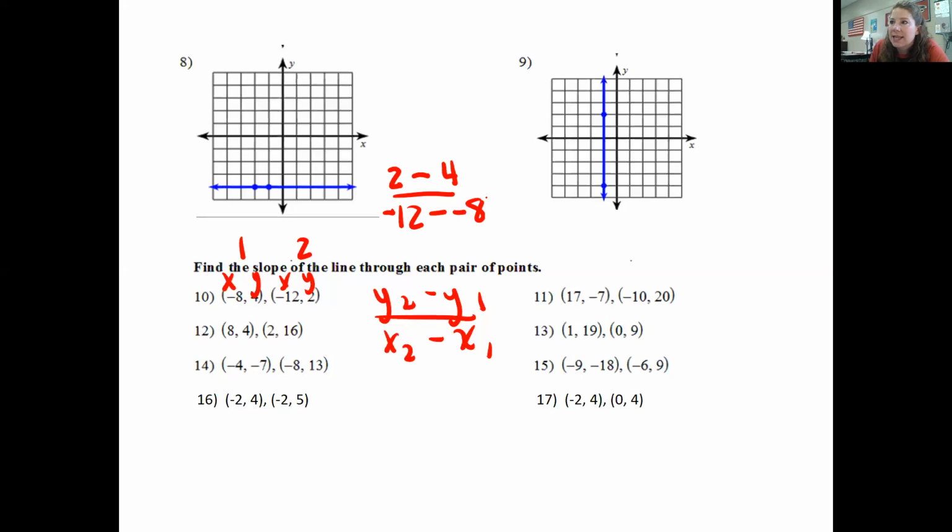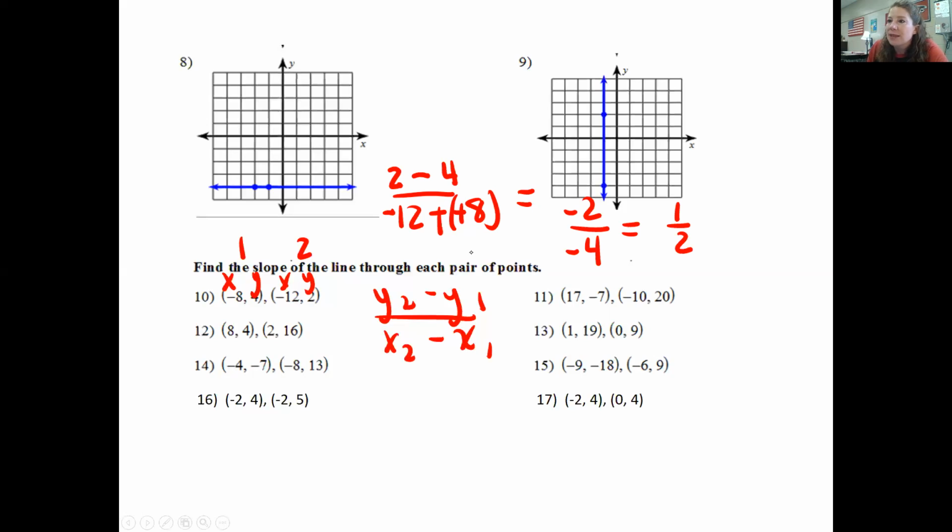That's a common mistake. What do I do when I see minus a negative? Bam, bam. So now 2 minus 4 is negative 2. Negative 12 plus 8 is negative 4. A negative divided by a negative is a positive, and I simplify that to positive 1/2. So the slope for number 10 is 1/2.